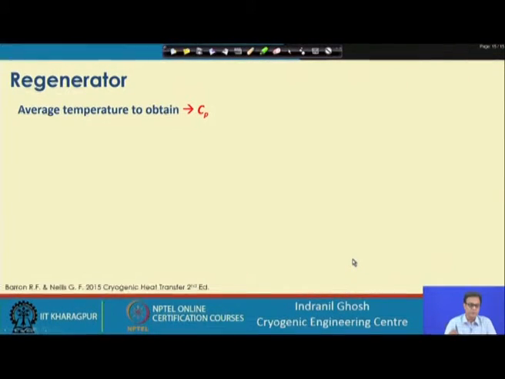First of all, we will try to find out the average fluid temperature to find out the specific heat or the fluid properties. Then, since we know the mass flow rates of the hot fluid stream and the cold fluid stream, we would be able to find out the hot fluid capacity and the cold fluid capacity, and from there calculate the capacity ratio CR, because depending on the CR value, whether CR equals 1 or not, our calculation will change.